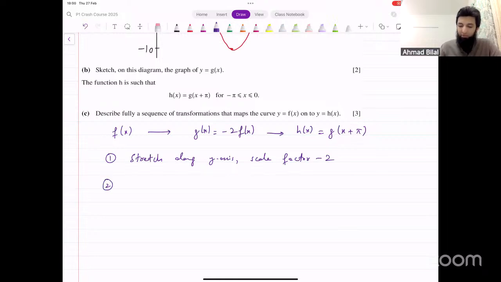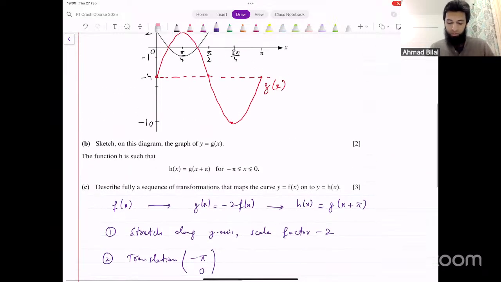And then we have this horizontal transformation, x plus pi. What's that going to be? Plus pi means you're going to the left. So it should be minus pi and 0. And that's the translation that we have. Plus pi means we're going pi to the left. So the translation vector is going to have minus pi like this. Minus pi 0. That's the translation vector.